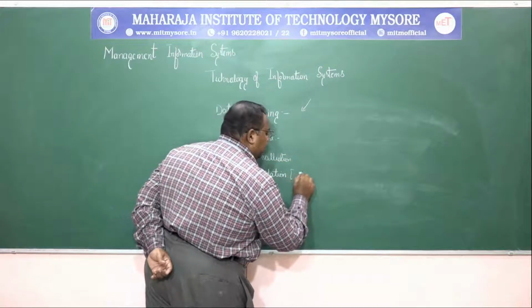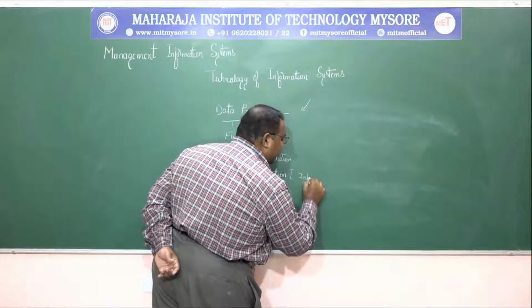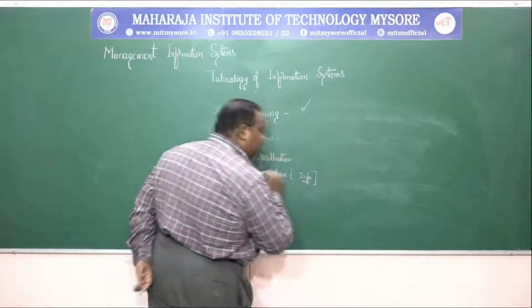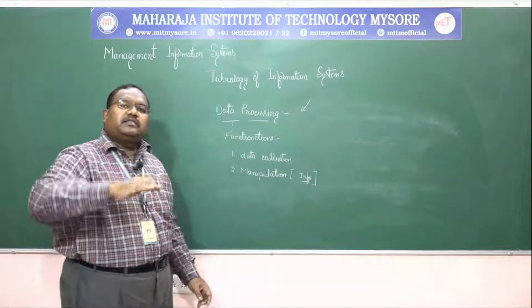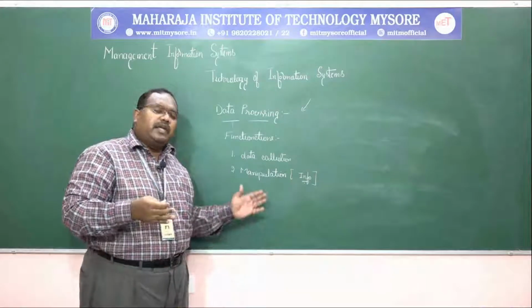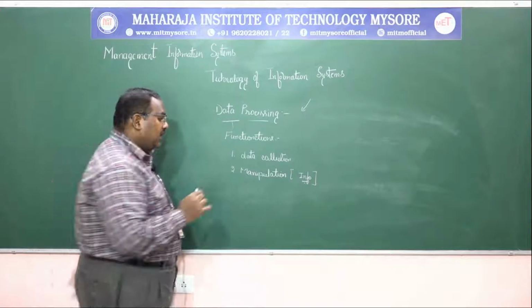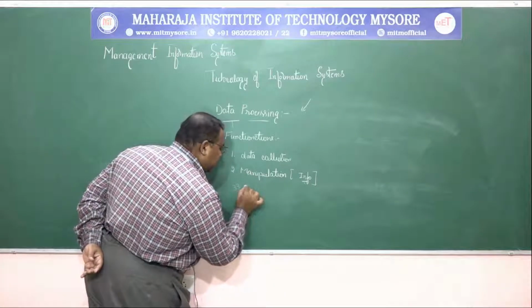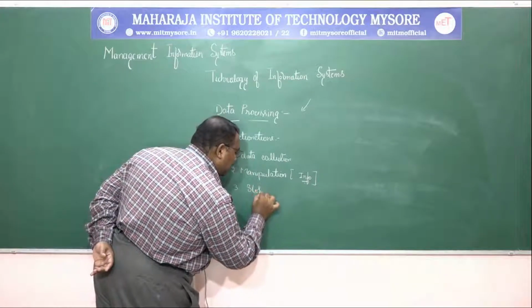We should not mistake that we are manipulating the data into something different. Manipulation means conversion: data processing happening from data to information. And finally, the third function is storing.